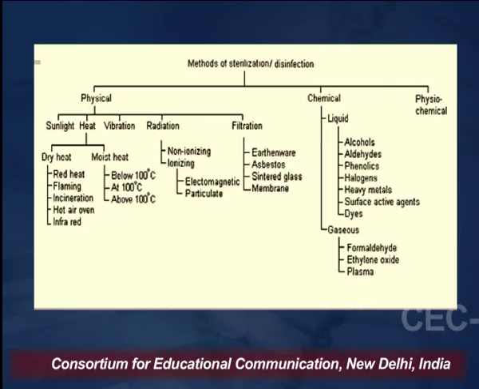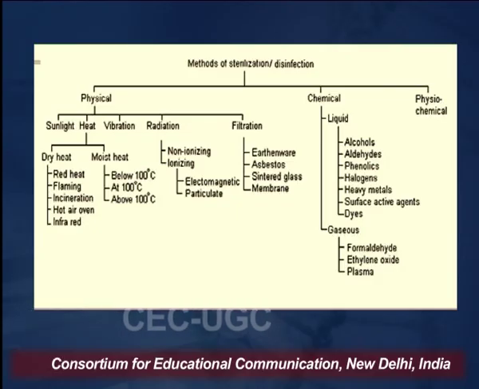We have to first culture them to study them, and there are two different types of sterilization methods. One is physical and the other is chemical, and then these methods are further divided into various subclasses. The physical is further divided into heat sterilization, which can be dry heat or wet heat.